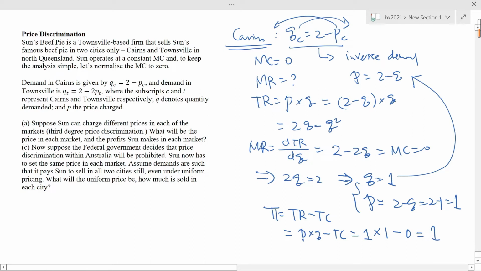Alright, that's Cairns. Townsville, similarly, we know the demand function is Q equals 2 minus 2P.